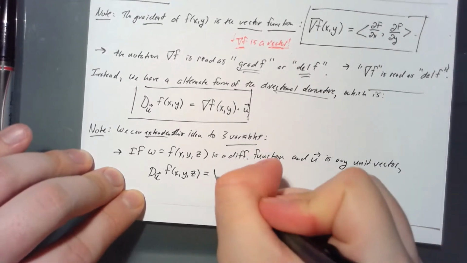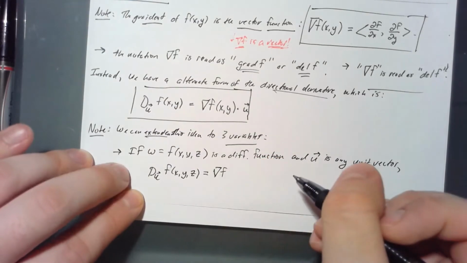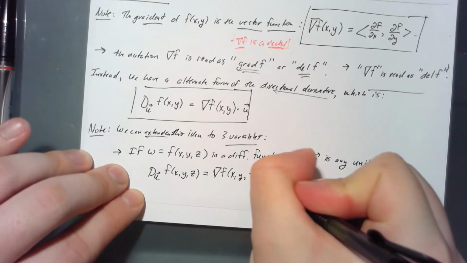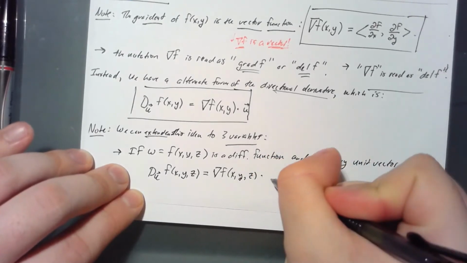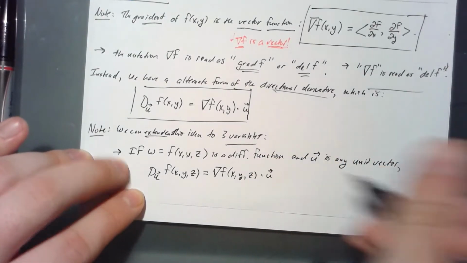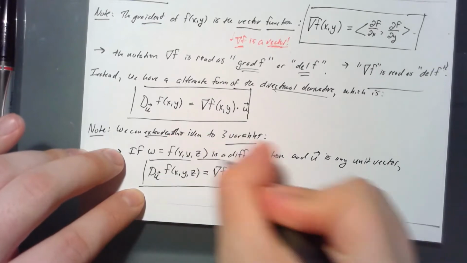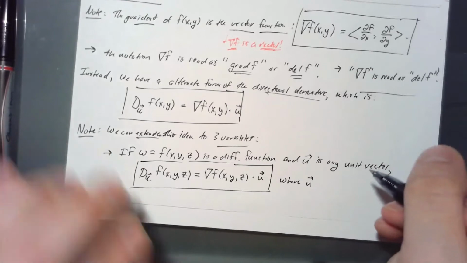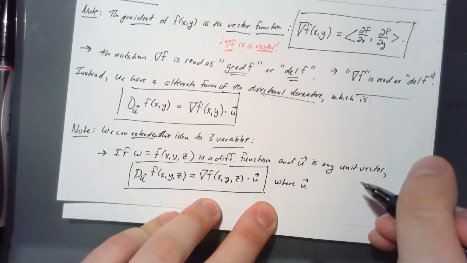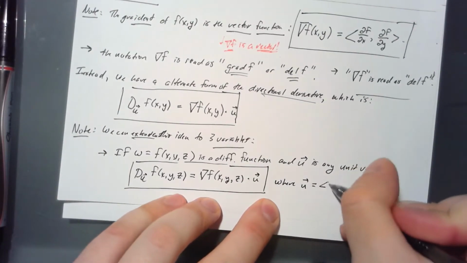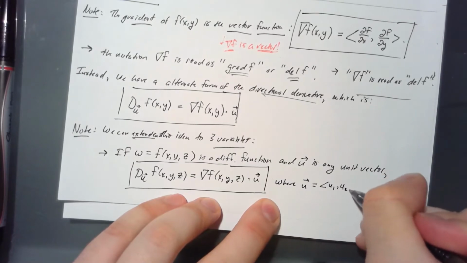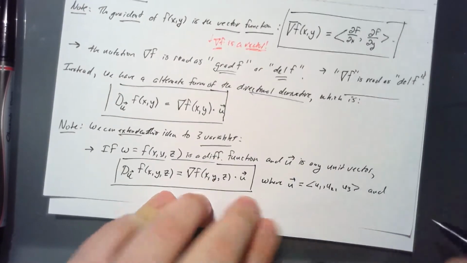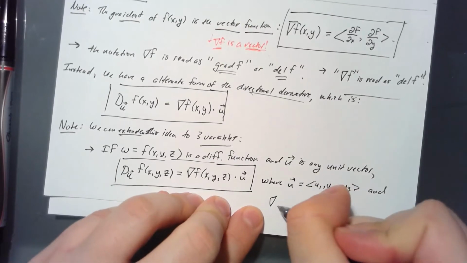So it's just grad of f at x, y, z, dot u, where the unit vector is u1, u2, u3, and grad of f.